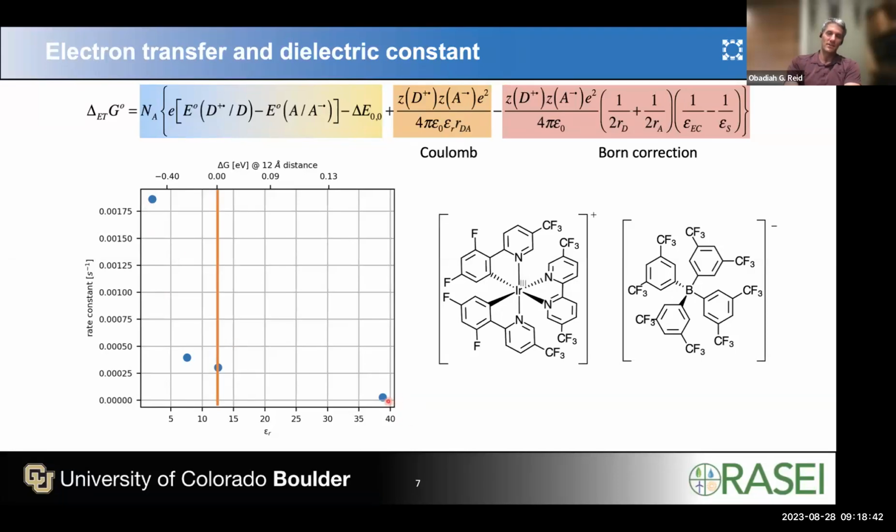And so these data points are the measured rate of the transformation from the nice, sort of yellow starting material to the red final product as a function of the solvent dielectric constant. And then here's just the calculation of what that means for the Gibbs energy change.